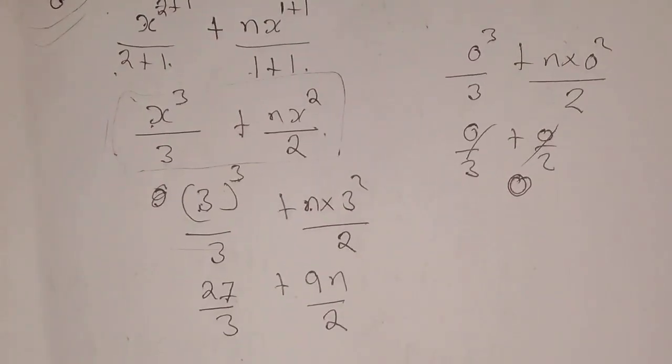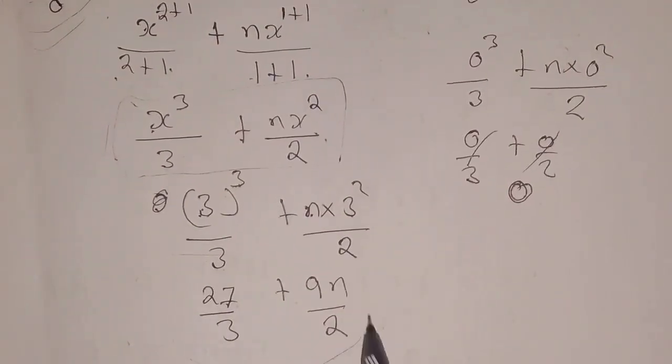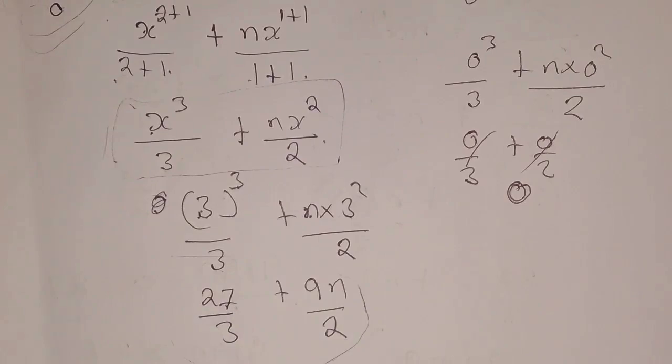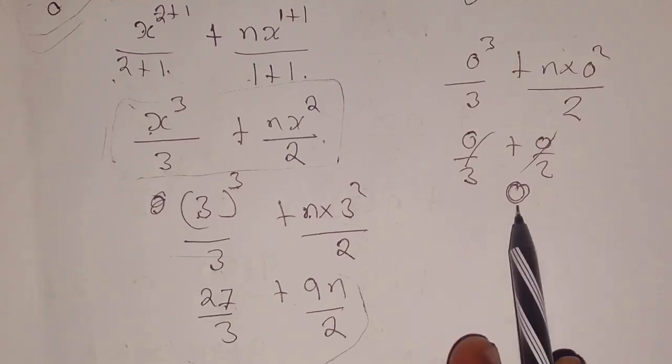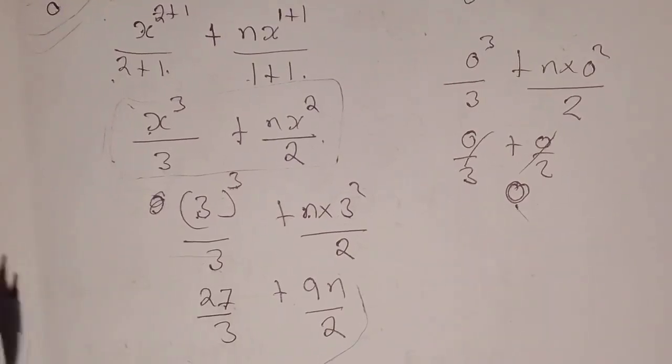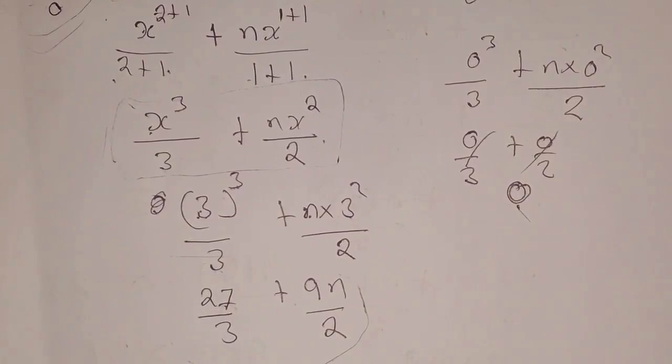Now we take the value we get by replacing x with the number on top, minus the value we get by replacing with the number which is down in the integral.